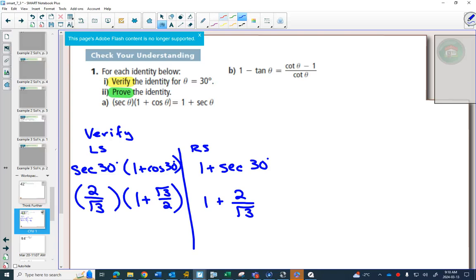In this one, I think I would distribute this fraction, because 2 over root 3 times 1 is 2 over root 3. And 2 over root 3 times root 3 over 2, I hope you can see that's going to equal 1. Are my left side and right side the same? Yes. So just like a proof, you can say in a verification, I've done it. Left side is equal to right side.